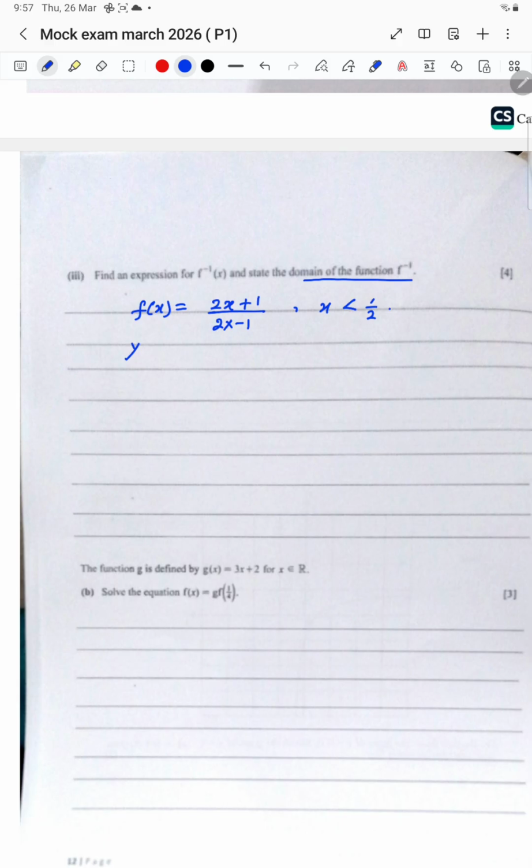We will suppose y equals 2x plus 1 over 2x minus 1, and do the cross multiplication. The target is to make x the subject. So we get 2xy minus y equals 2x plus 1.